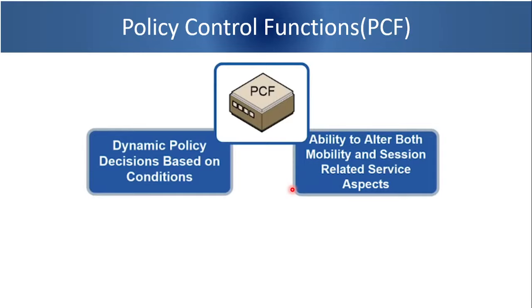What we mean by that is, as I said, during a session I may have to throttle data, or decide whether a particular device has mobility provision or not. There could be different roaming scenarios and mobility scenarios. What is allowed or not allowed, all those policy decisions are taken by PCF.